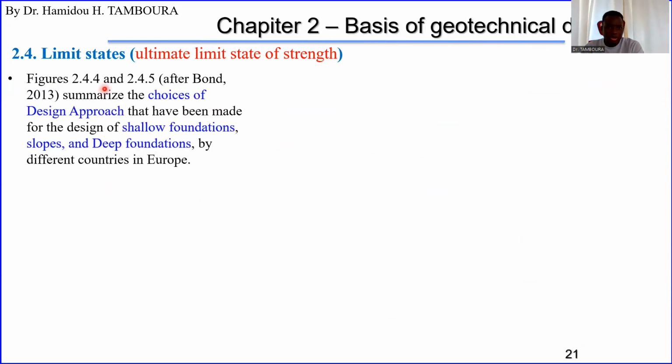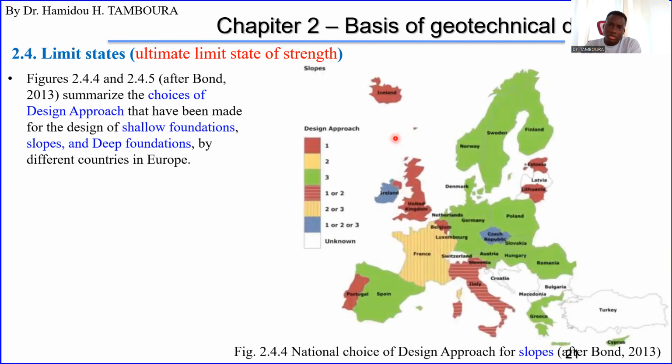Another example is this following figure about the design approach. We have 3 design approaches, and each country is using a different approach. For example, for slope stability, we have this map.